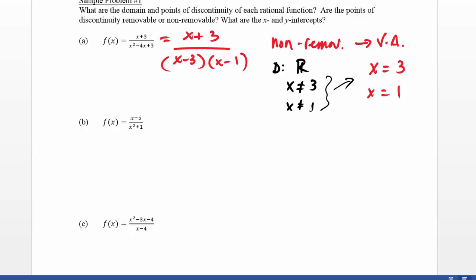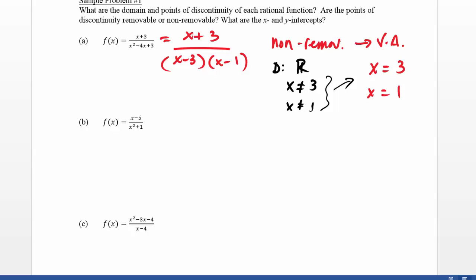And so to come up with the intercepts, you would just simply use zeros, just like we did way back in linear functions. You just plug in a 0 for all the x's, you plug in a 0 for all the y's, and then you can figure out what your intercepts are going to be.